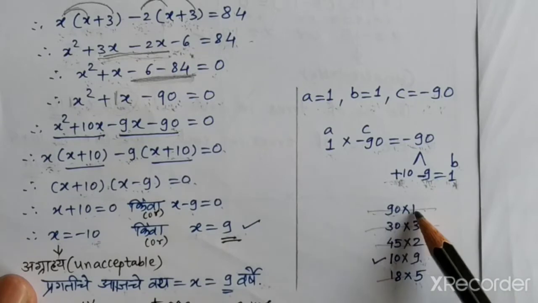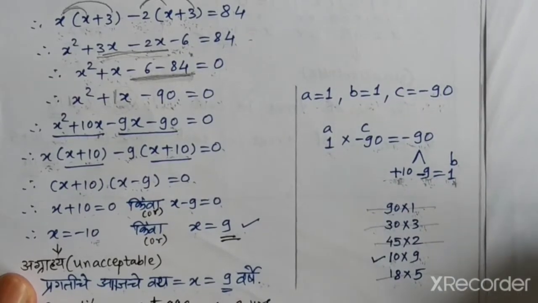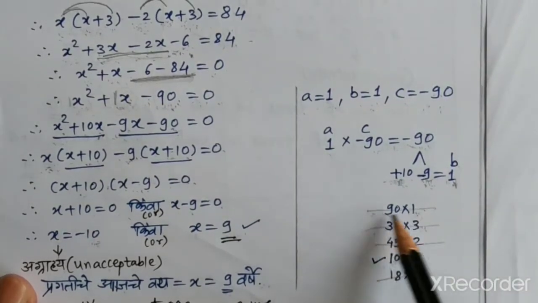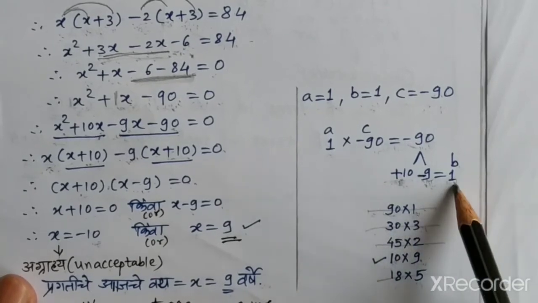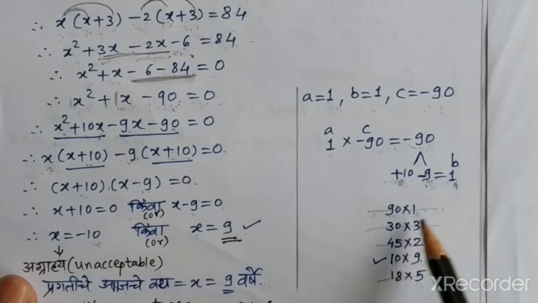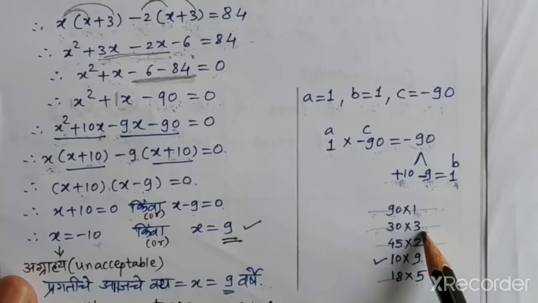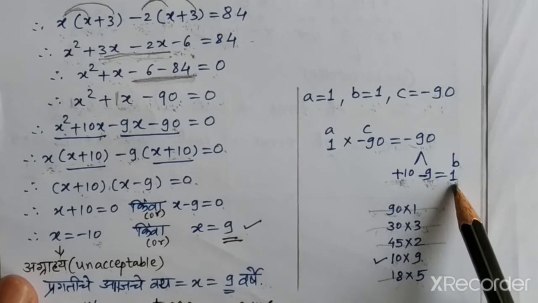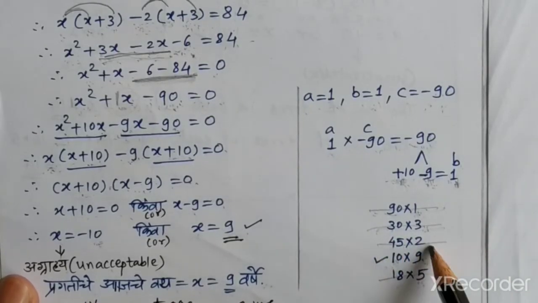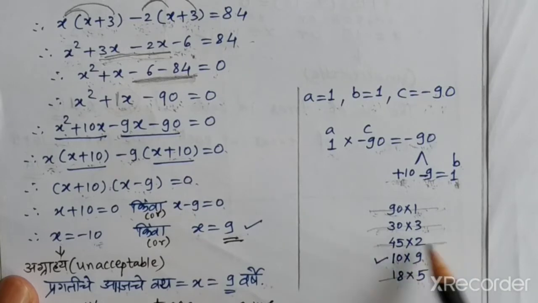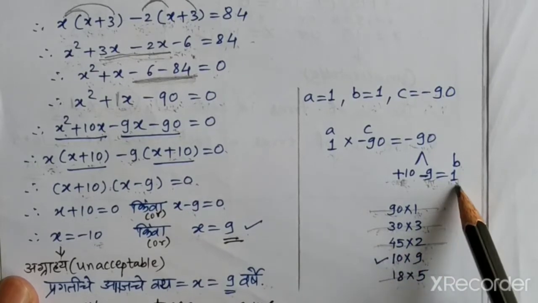So here 90 plus 1 is 91 and 90 minus 1 is 89. So their sum and subtraction is not 1. So this is cancelled. Similarly here 30 plus 3 is 33 and 30 minus 3 is 27. It's not equal to 1. So this is also cancelled. Similarly, this is also cancelled because addition and subtraction is not equal to 1.